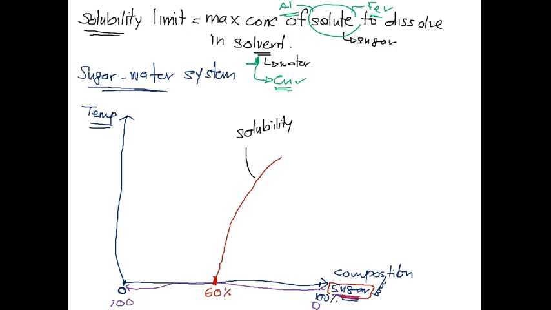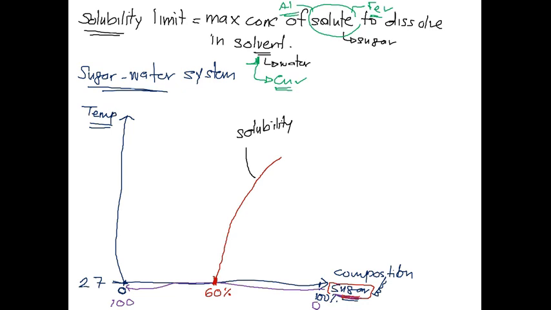For example, sini kita start room temperature lah, 26 or 27. So yang ni dia keep increasing lah. So it means that at room temperature, you can dissolve 60% of sugar inside 40% of water.